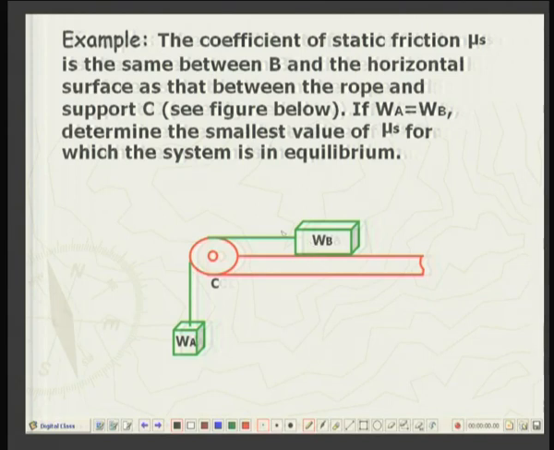So this coefficient of friction is the same as that between the rope, this green rope, and the corner support C. So what it means is that this mu s over here and mu s over here of the contact angle is the same. If the two weights WA and WB are the same, determine the smallest value of the coefficient of static friction mu s for which the system is in equilibrium.